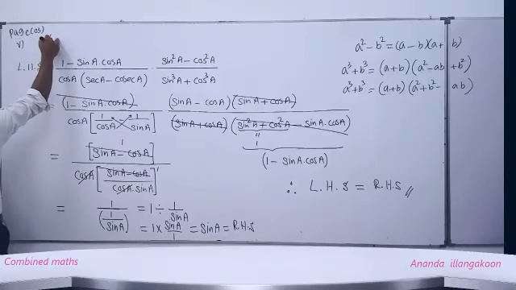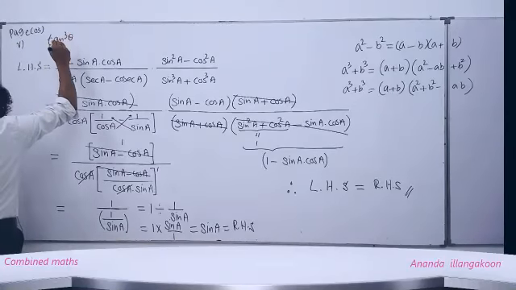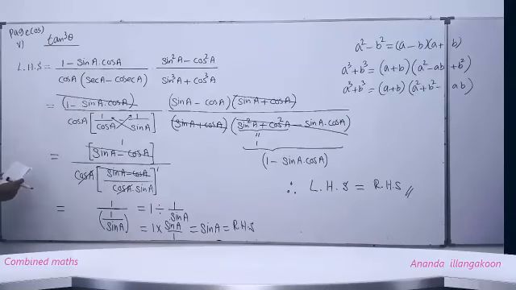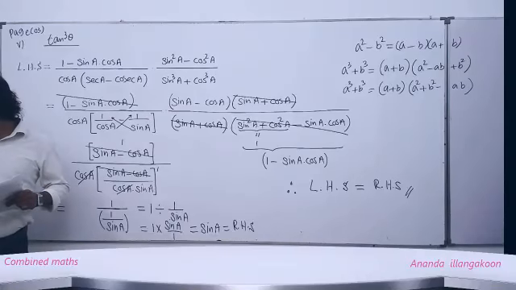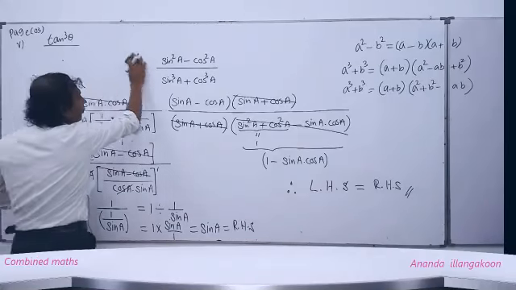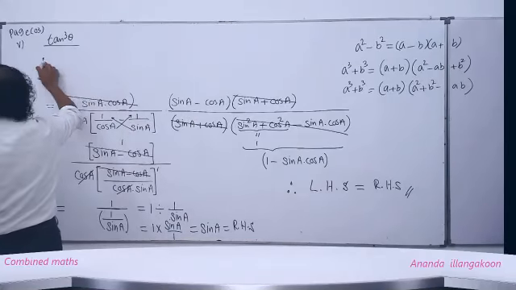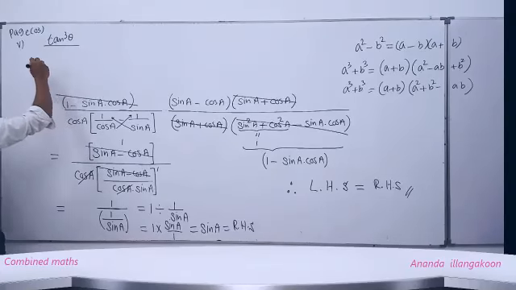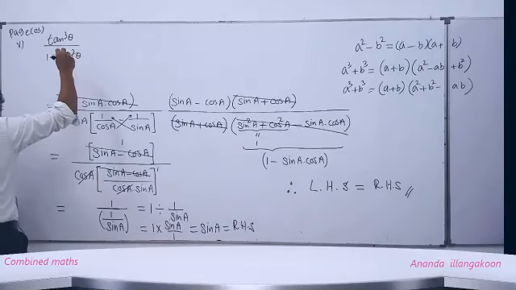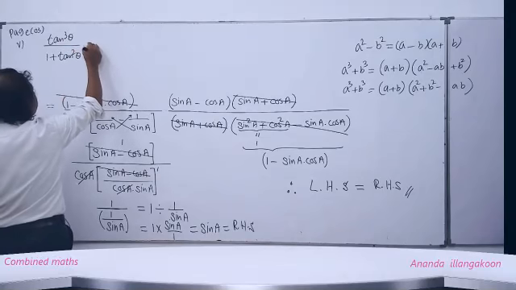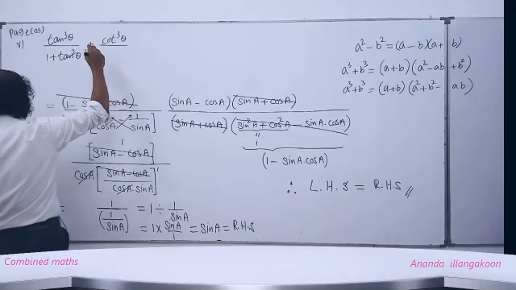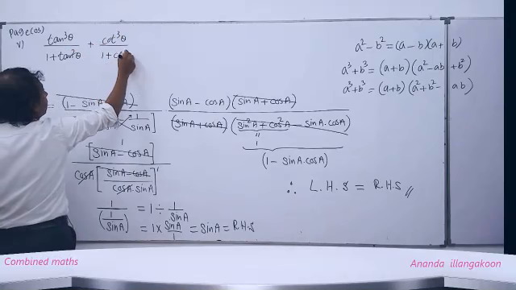It is this: tan cube theta divided by 1 plus tan square theta, plus cot cube theta divided by 1 plus cot square theta.